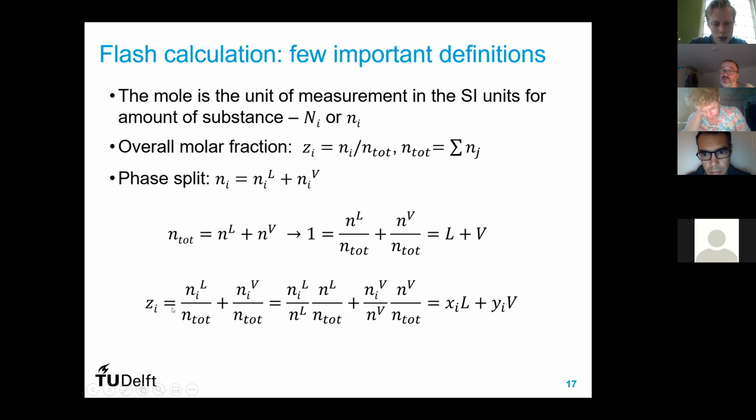And then if you do a little bit of reshuffling, you will find that the total overall molar fraction is equal to the component phase fraction multiplied by the fraction of the phase, for the liquid and for the vapor.